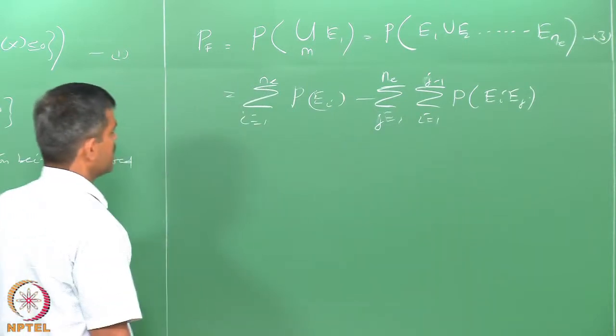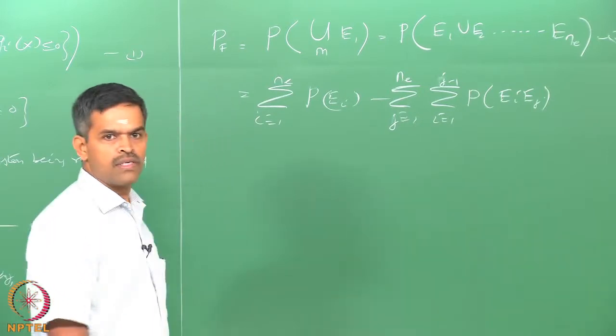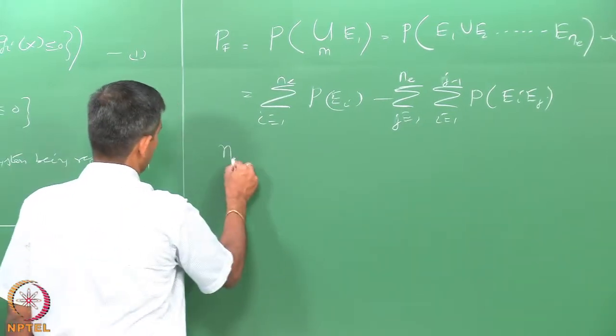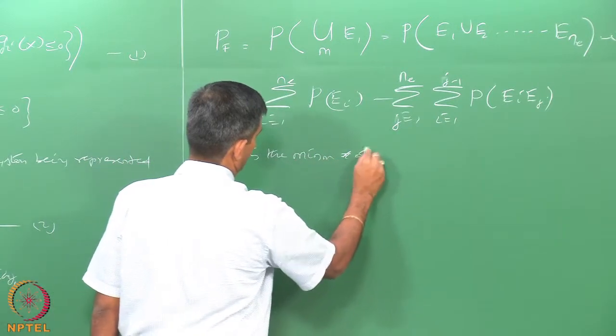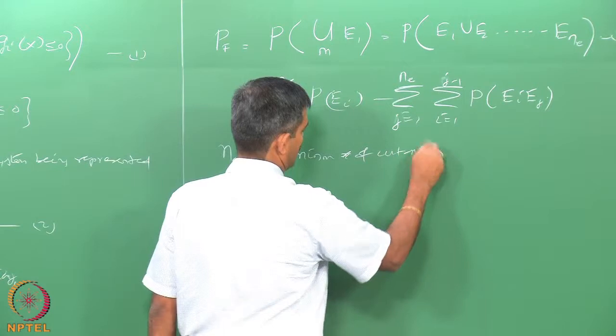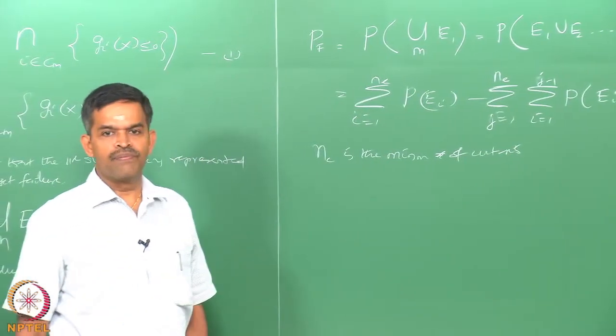Now, in this case Nc is the minimum number of cut sets, comprising the system or identified for the system.